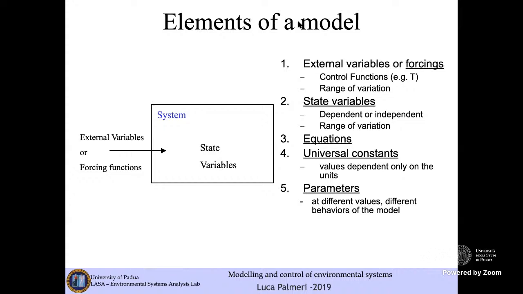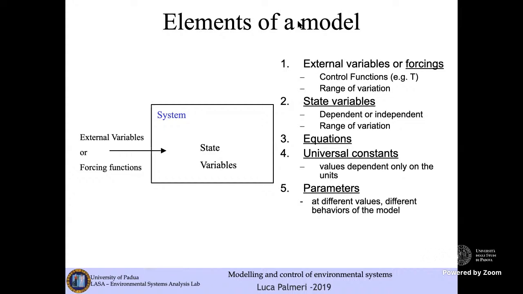The second element of a model is that of state variables. State variables are describing the state of a system itself. Of course, state variables may be dependent or independent variables. Typically, an independent variable is the temperature, in the case it is considered a state variable, or maybe an independent variable is the concentration of chlorophyll A. And dependent variables instead are variables that depend on independent variables.